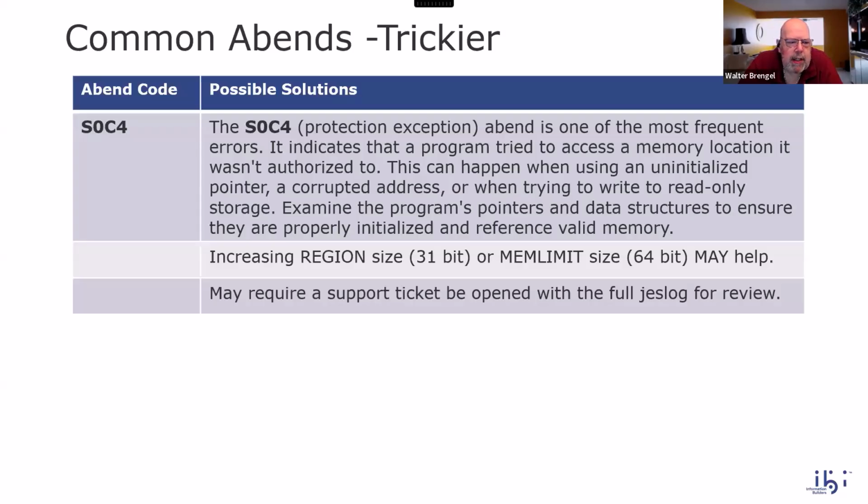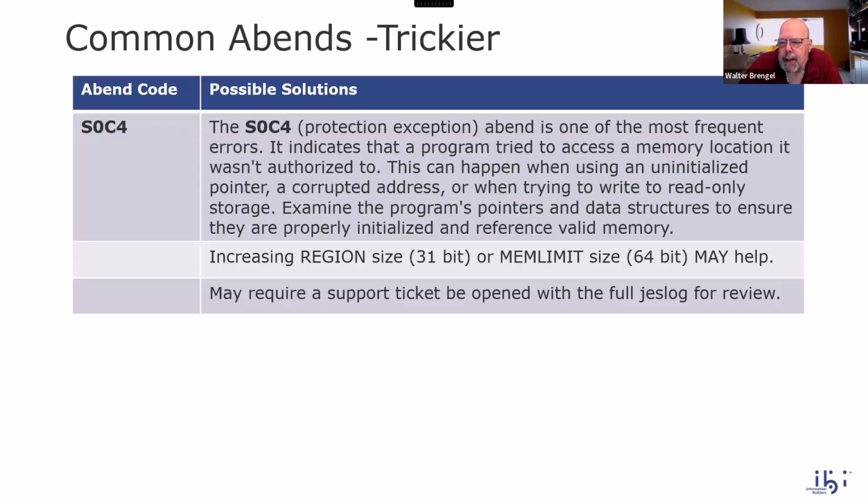If you run into a case where you put a record limit in your table request, and you do get output because you don't have as many records at that point in time, try increasing the region size. I say region size for 31-bit or MEMLIMIT for 64-bit. For the region size, you can make it 0M, and then that will give you the maximum that your system will allow you to have.